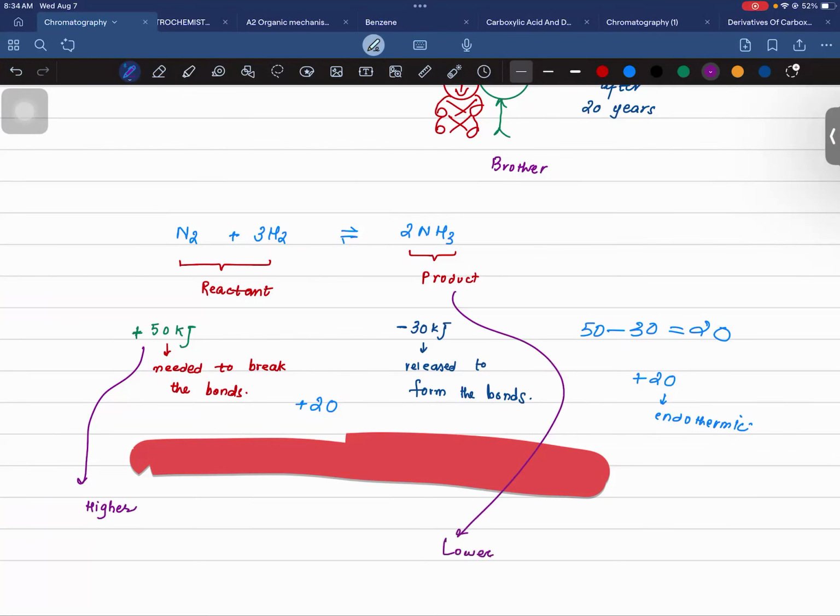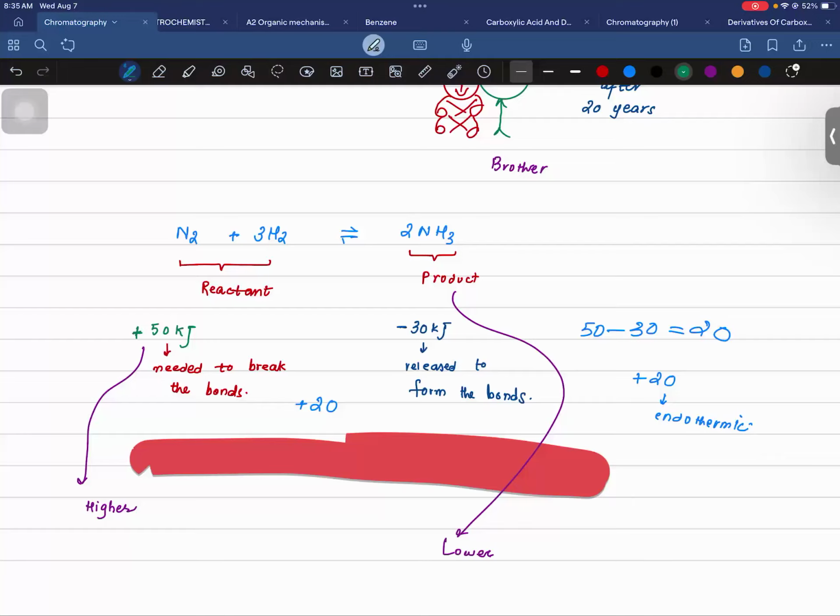This is higher. This is lower, right? This is higher. This is lower. If you see such a situation, then you can say that the reaction would be endothermic.